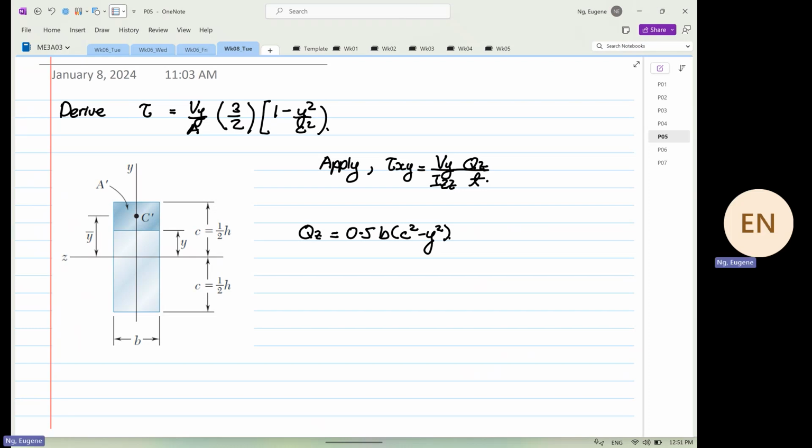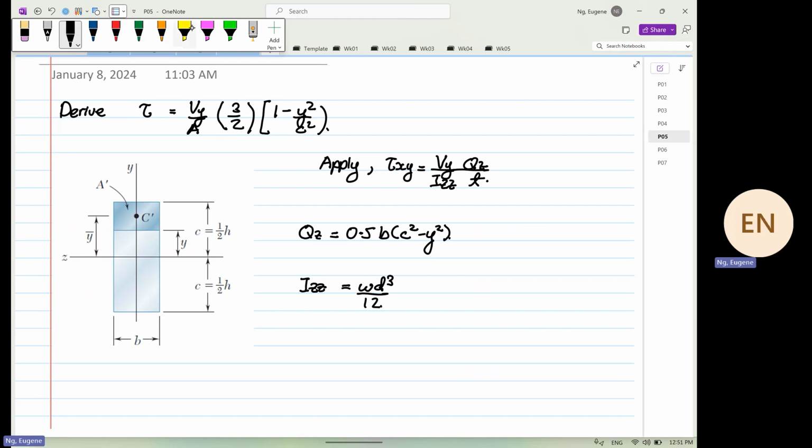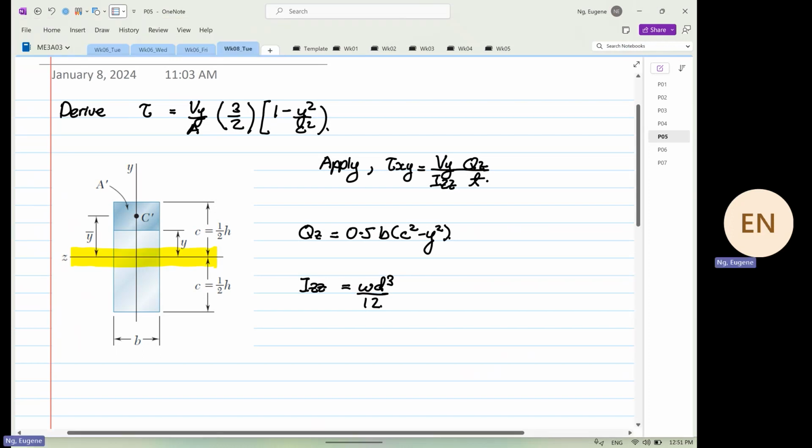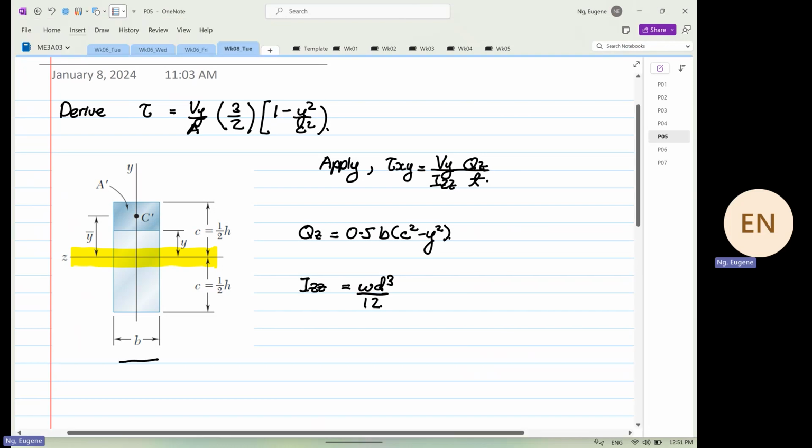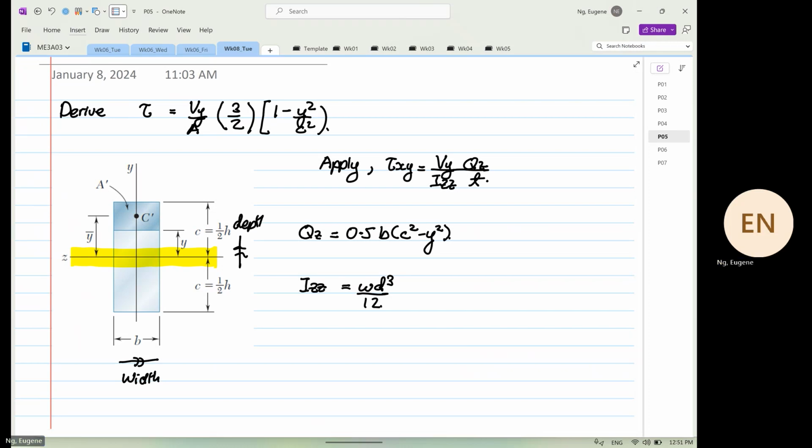Then the next thing we need to find, we know that IZZ is equal to width times depth cubed over 12. If we look over here, the axis of interest is our ZZ axis. This is our width, and this direction is our depth.